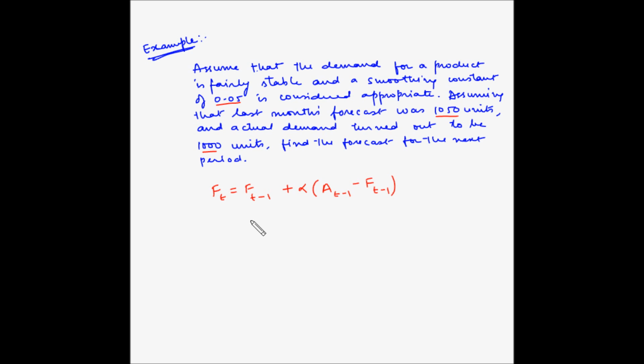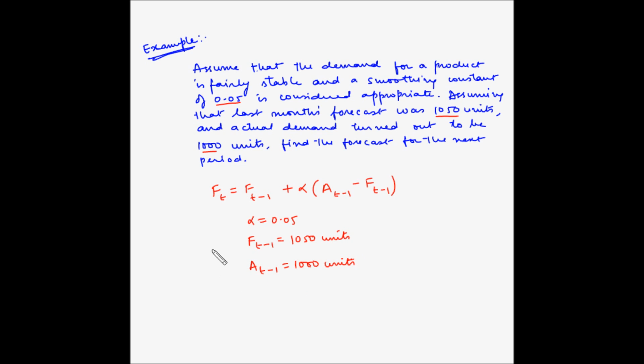So here we have been given that alpha is 0.05, ft minus 1 is 1050 units, and the actuals for t minus 1 is 1000 units.